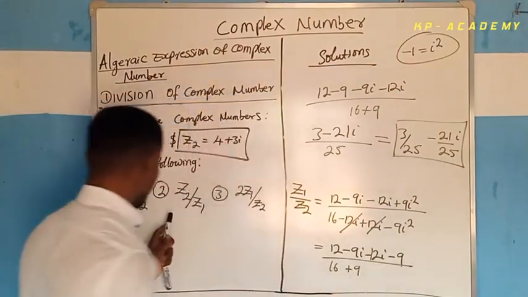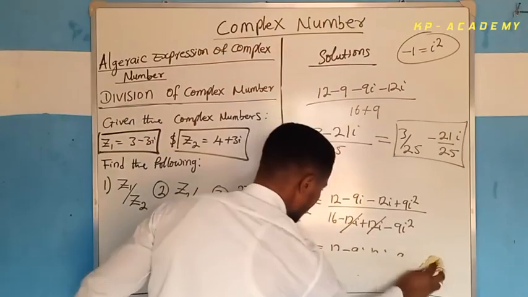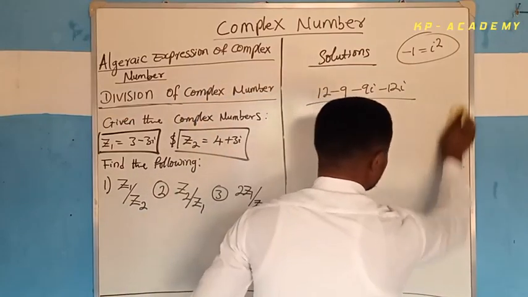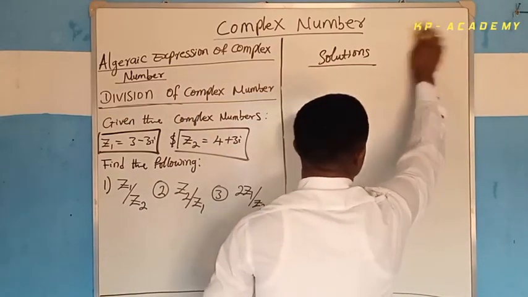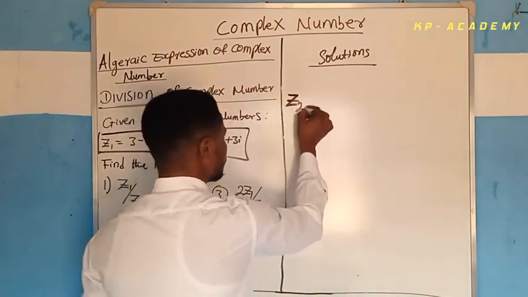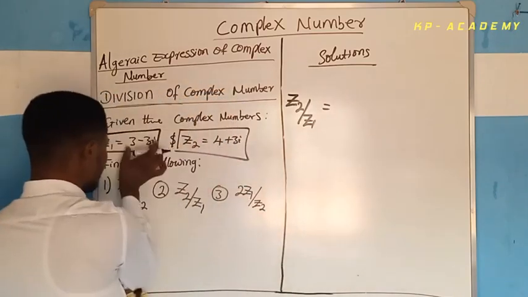So let us solve the second one that says Z2 over Z1. The same step anyway. So in the case of Z2 over Z1, Z2 is this, and this is Z1.